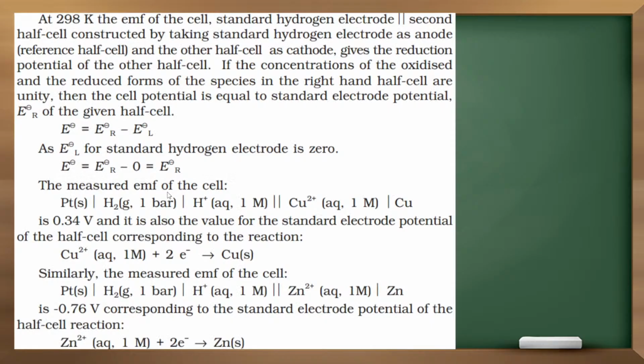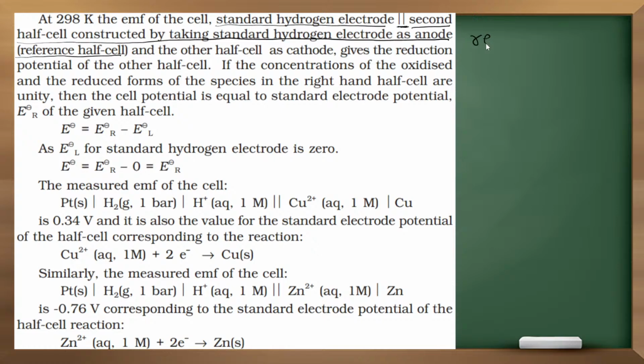At 298 Kelvin, the EMF of the cell: standard hydrogen electrode, salt bridge, the double vertical lines represent the salt bridge, and then the second half cell, constructed by taking the standard hydrogen electrode as anode, that is a reference half cell.